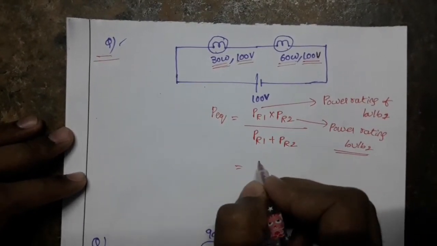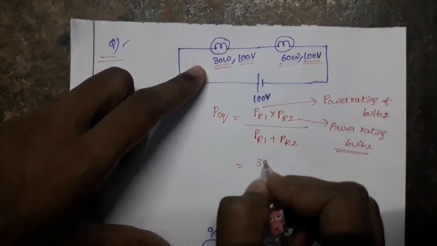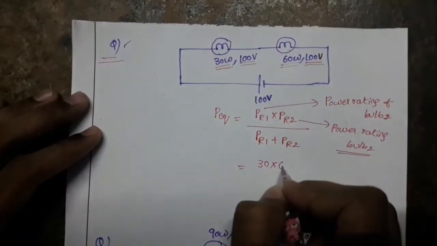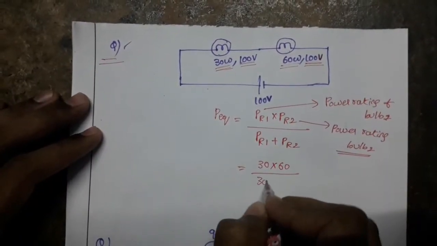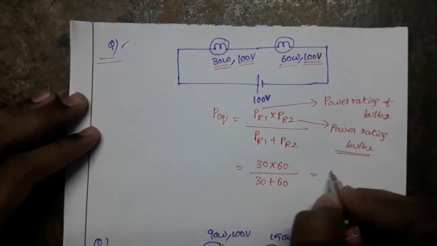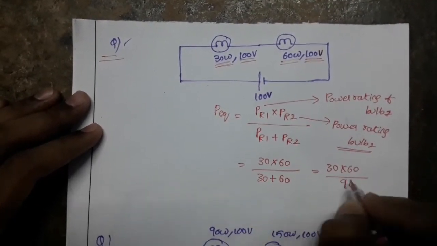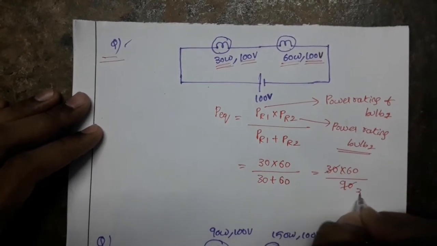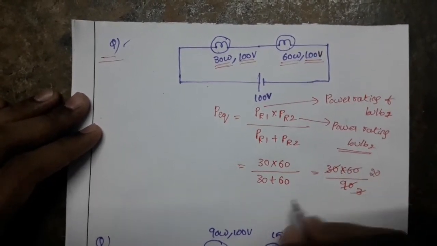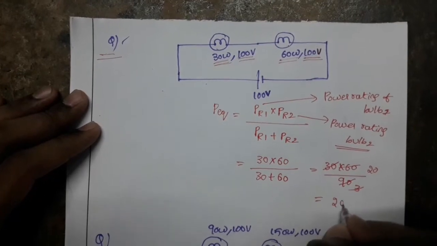So 30 is the power rating of bulb 1 and 60 is the power rating of bulb 2. 30 into 60 divided by 30 plus 60, which is 90. Therefore, P equivalent equals 20 watts.